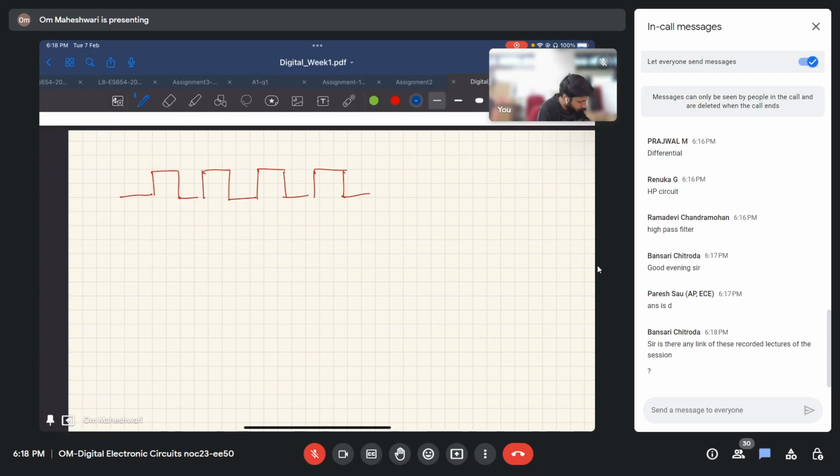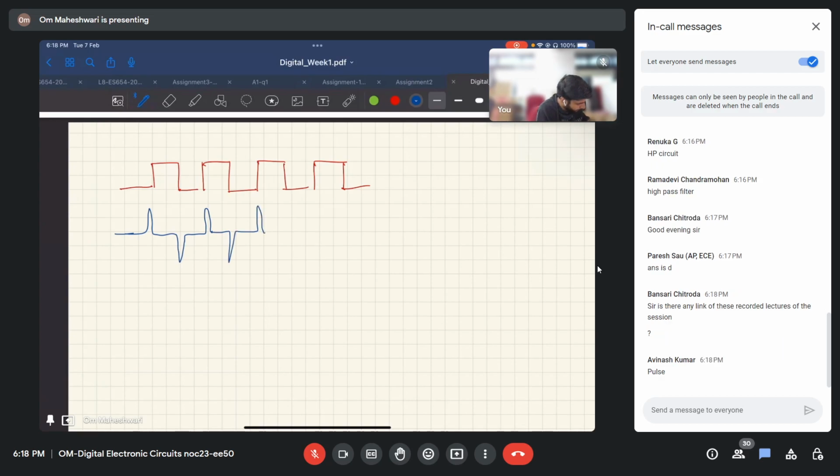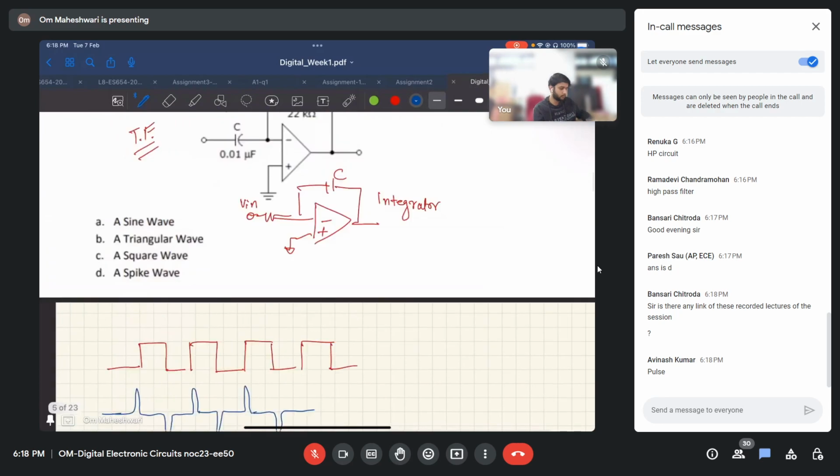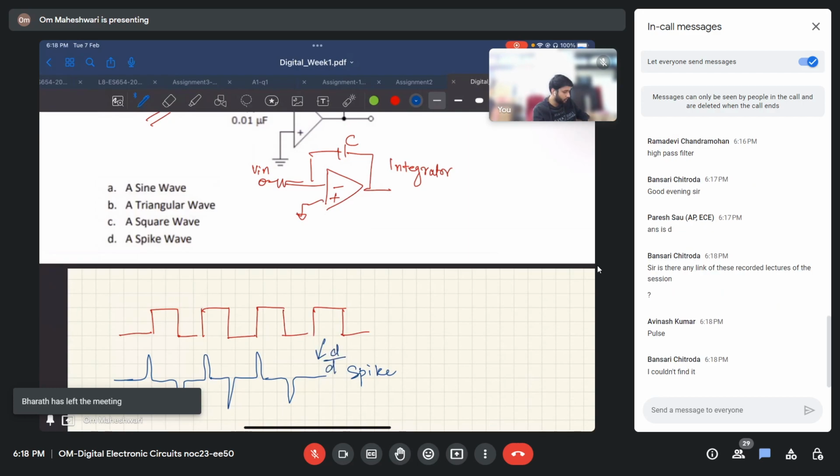So this is the differentiation of this voltage. We are doing d by dt. This is time, and this is time.